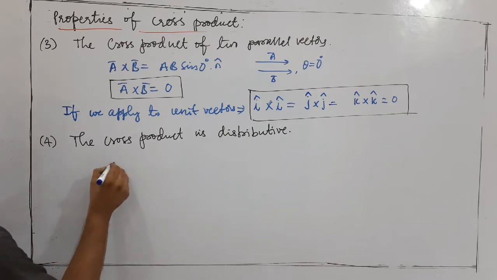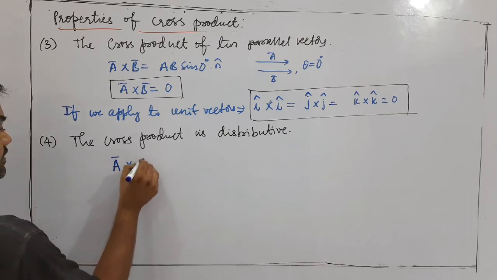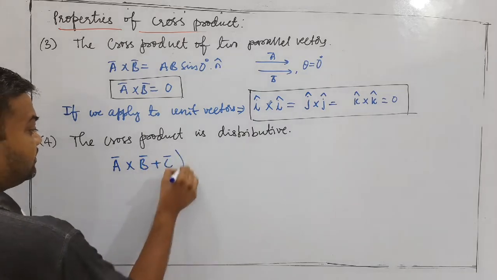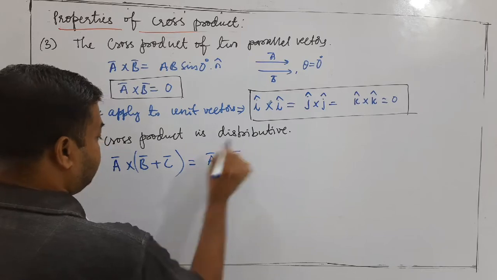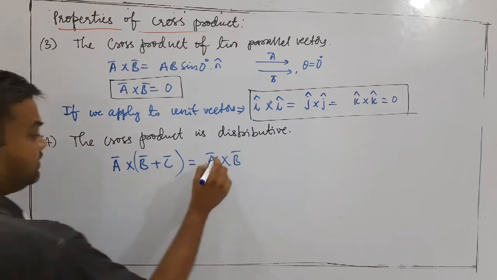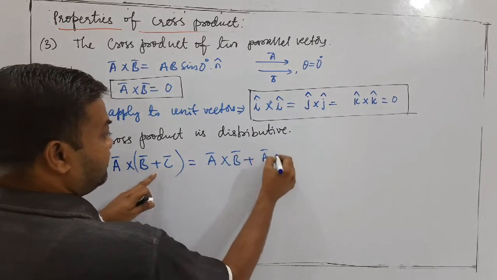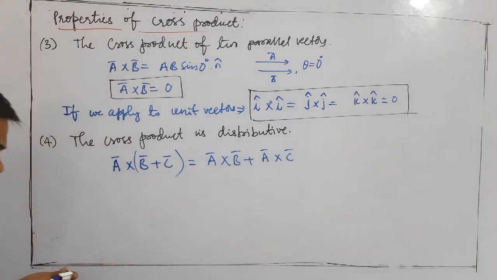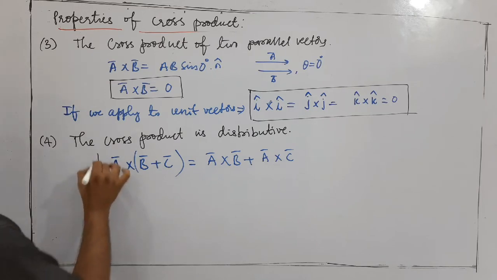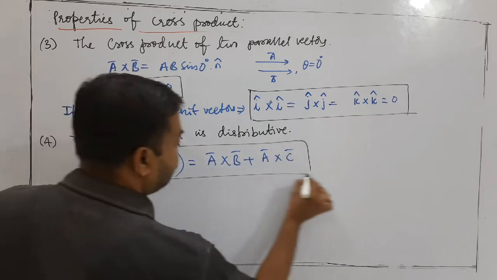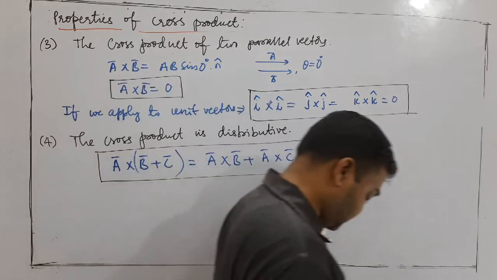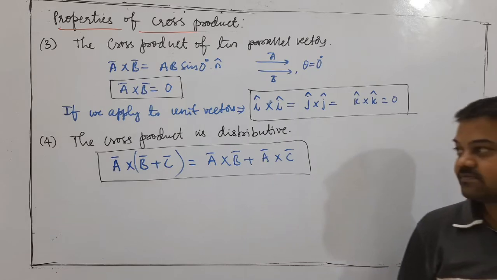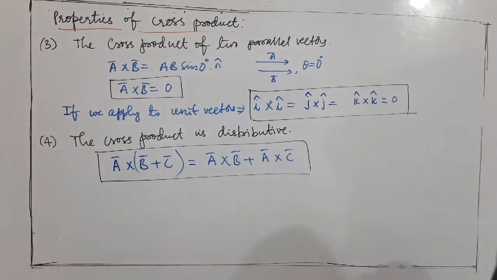You know what our distributive law is: A bar cross B bar plus C bar is equal to A bar cross B bar plus A bar cross C bar. No need to derive it, you just have to write the equation. Definitely it will obey. Like this we have two properties we can explain here.